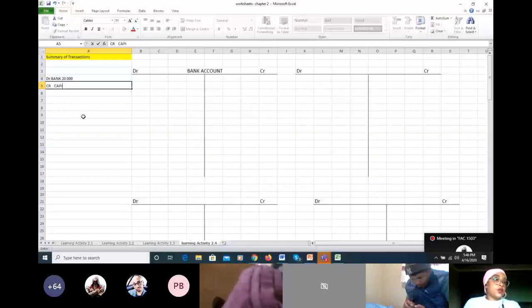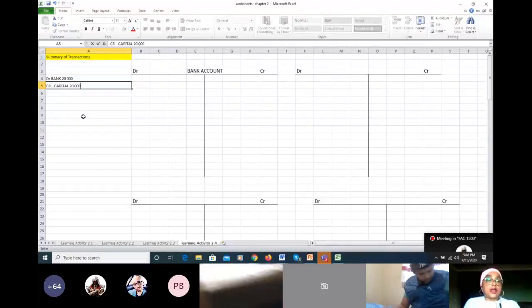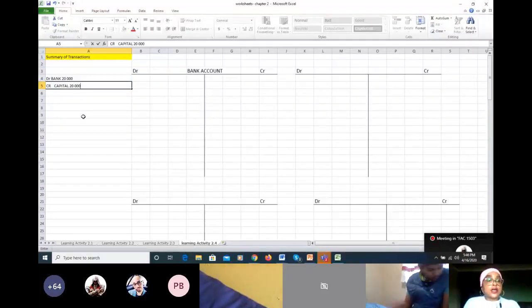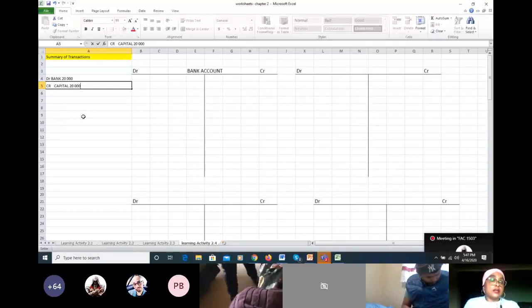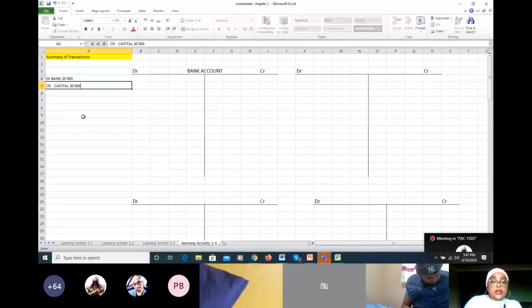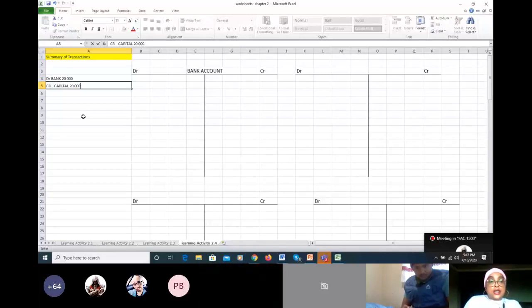If you're looking at your table, you will see that on the credit side of my equity, capital, we will credit. And on the debit side of my assets, I'm going to increase it because the money is coming into my bank account. So I'm going to debit my bank.